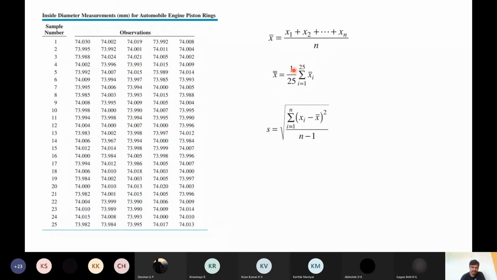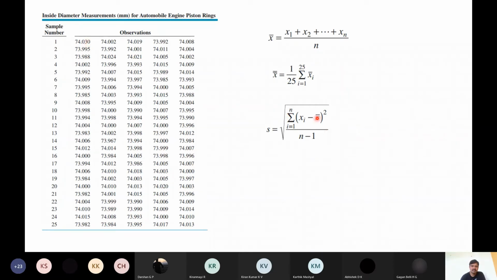For example, if you want to find out the S value for sample number 1, then Xi means that particular trial value. If you are starting from the left side, 74.030 minus X bar value.